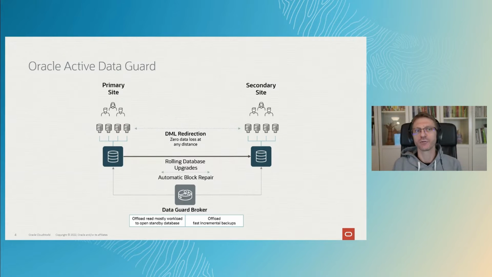And it stays there to give an already good level of protection, but Active DataGuard is the product that we add on top of DataGuard that improves the availability and the capabilities of the standby database by having, for example, the possibility to use the standby database as a read-only database so that you can offload, for example, your queries, but also adds many additional features like, for example, automatic block repair.